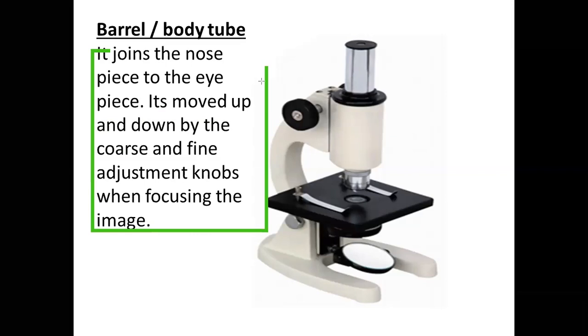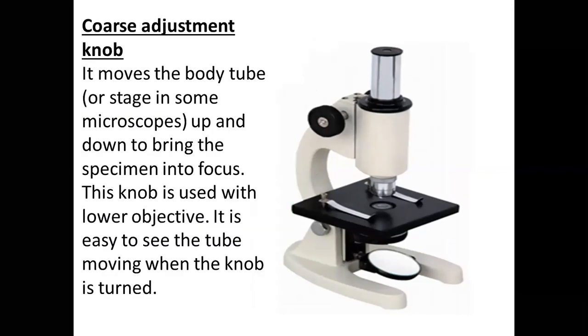And maybe on that note, coarse adjustment knob: anytime that you are observing a specimen, don't start by operating the fine adjustment knob. You always start with the coarse adjustment knob.